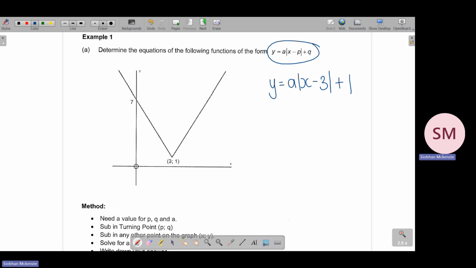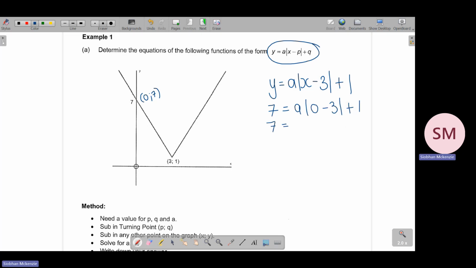Now, in order to find A, we need to substitute in another point that lies on this graph. Do you agree we've been given our y-intercept? Our y-intercept has the coordinates (0, 7). So we can substitute 7 in for y and 0 in for x.